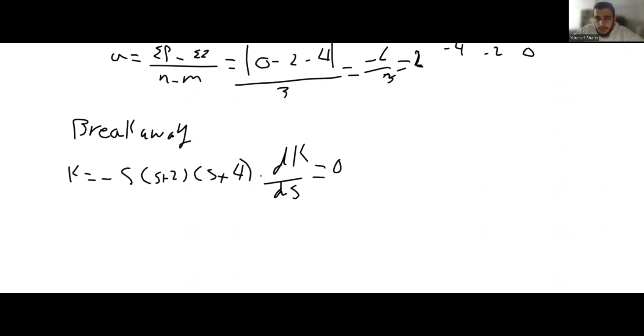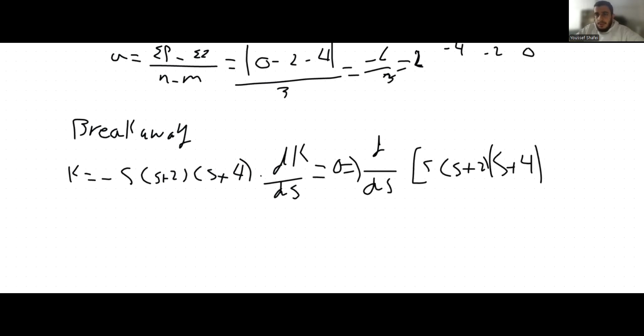So d over ds of s(s plus 2)(s plus 4) will be equal to 3s squared plus 12s plus 8 equal to 0.